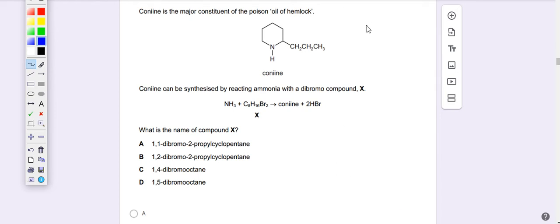Okay. So if I have chloroethane, it reacts with ammonia. This is nucleophilic substitution.